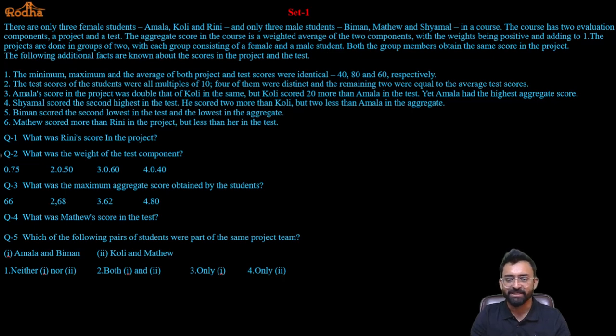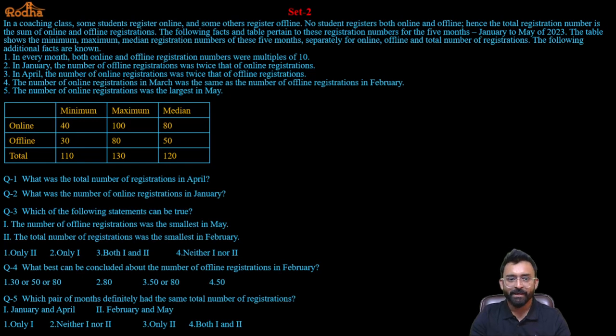Let's examine the sets beforehand so that we can select the set appropriately. Am I right? This is the second set. In a coaching class, some of the students register online and some other students are registered for offline coaching. No students register for both the offline and online coaching. Fine. And hence the total registration number is the sum of the students in online and offline registrations. The following facts in the table pertain to these registration numbers for the 5 months, January to May.